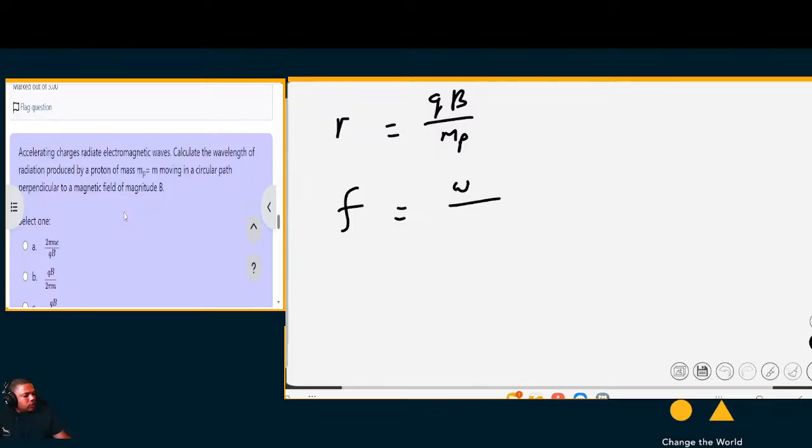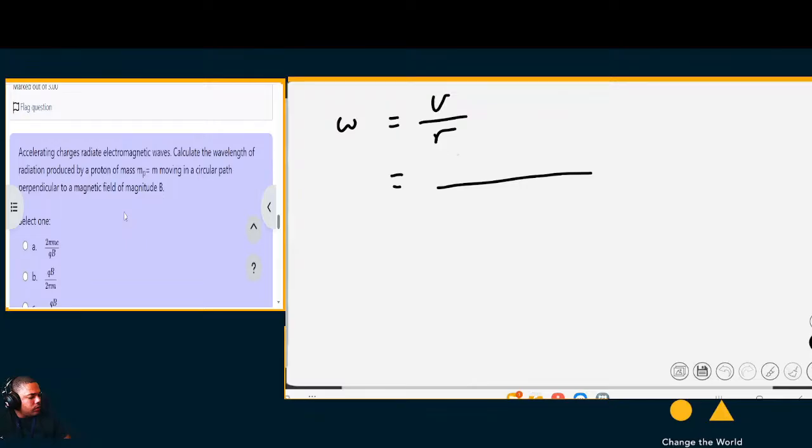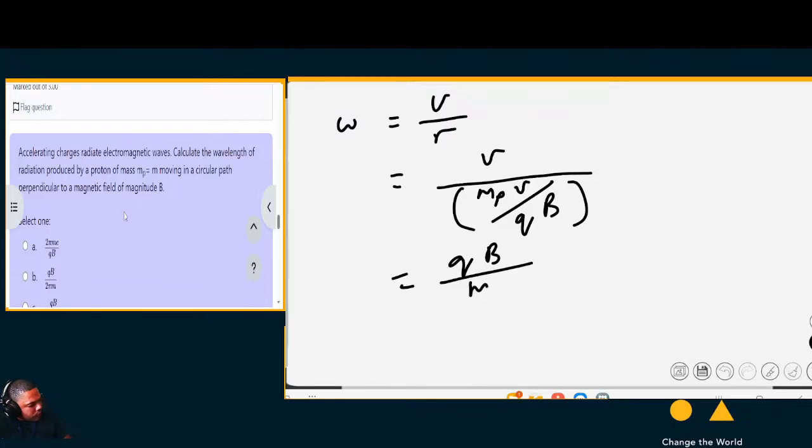This is not r, this should not be r. The original formula should be angular frequency is the velocity divided by r, and then I substitute r. I just wrote the wrong thing there. The r that we calculated is m_p v over qB, leaving us with the angular frequency, which is equal to qB over m_p.